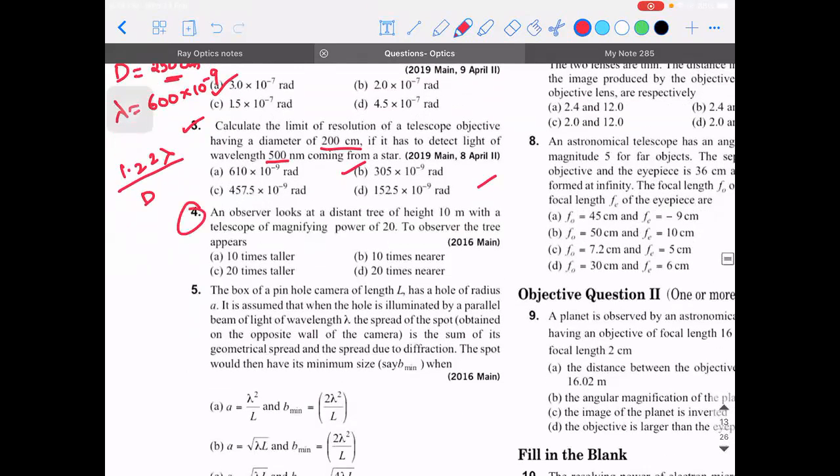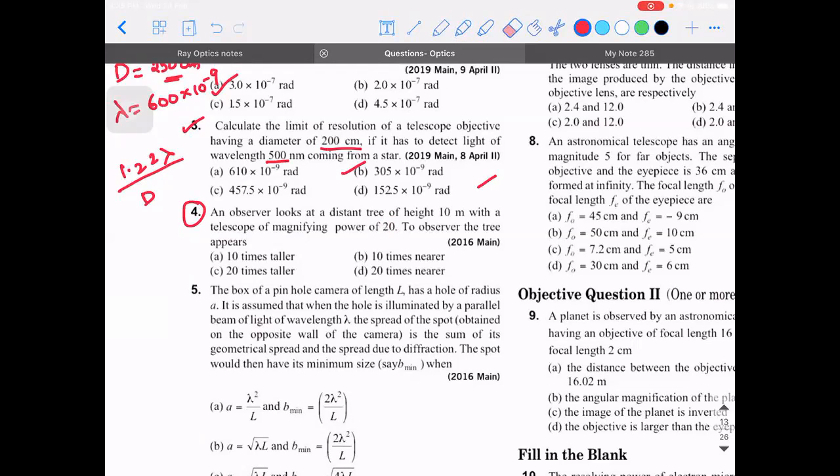An observer looks at a distant tree at a height 10 meter with a telescope of magnifying power 20. To the observer, the tree appears. Sir, for a distant tree we can take it as infinity. Sir, either way it will finally be h dash by h. Actually for a telescope it is not h dash by h.